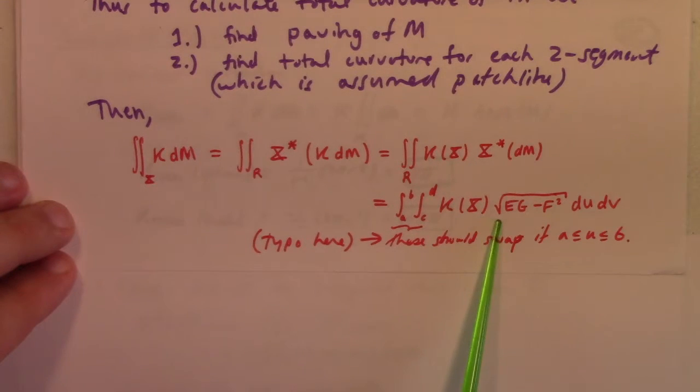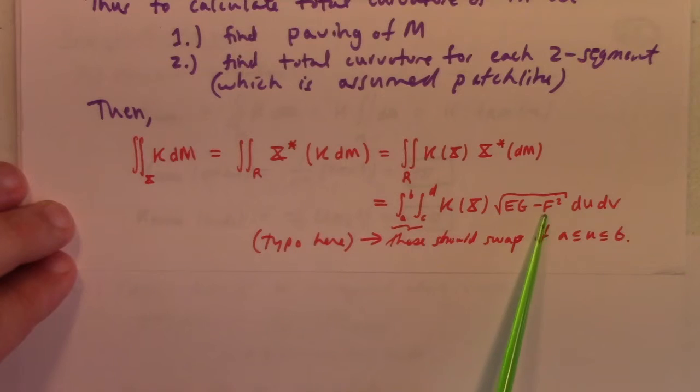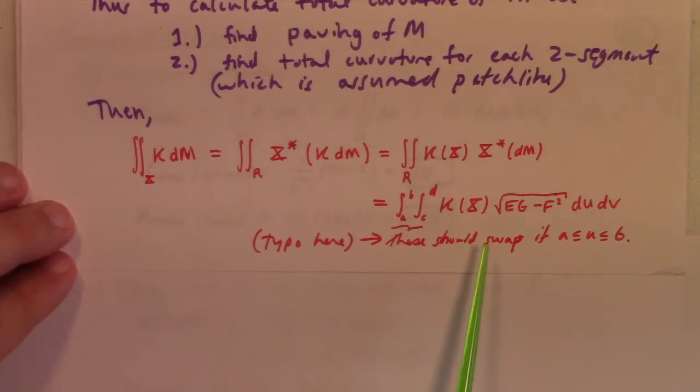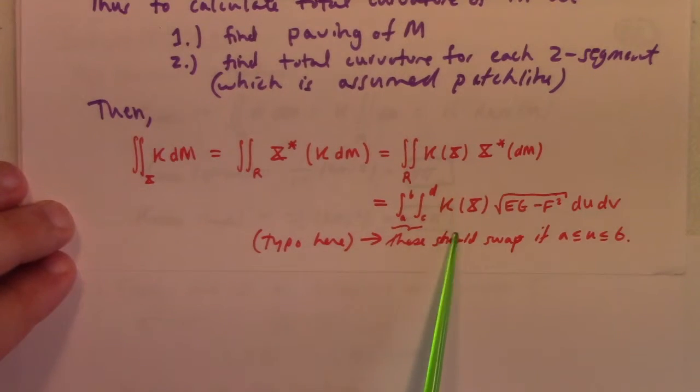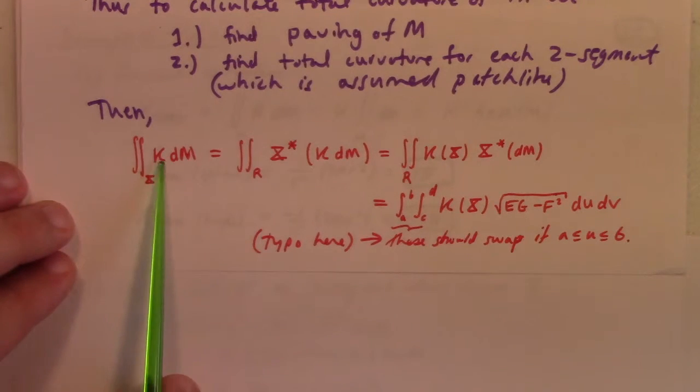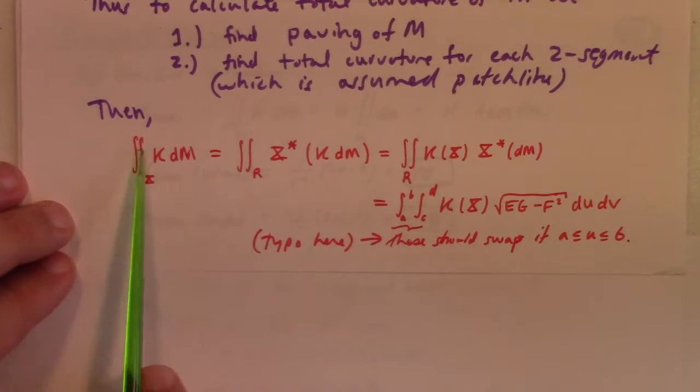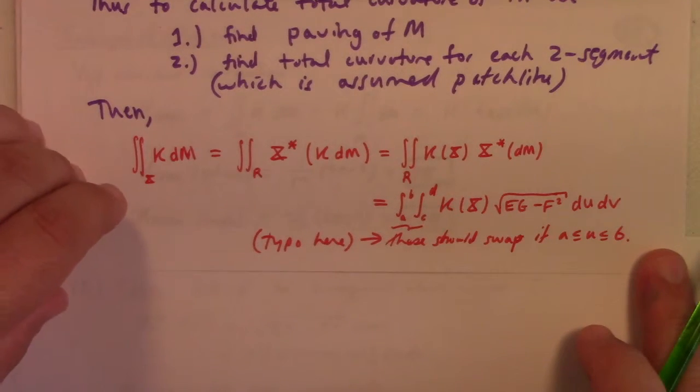So K of x, the square root of EG minus F squared du dv. Basically we just take that area integral and you multiply by the function that is in front of the area form. Well, it could be plus or minus the area form again, depending on the orientation of the patch.